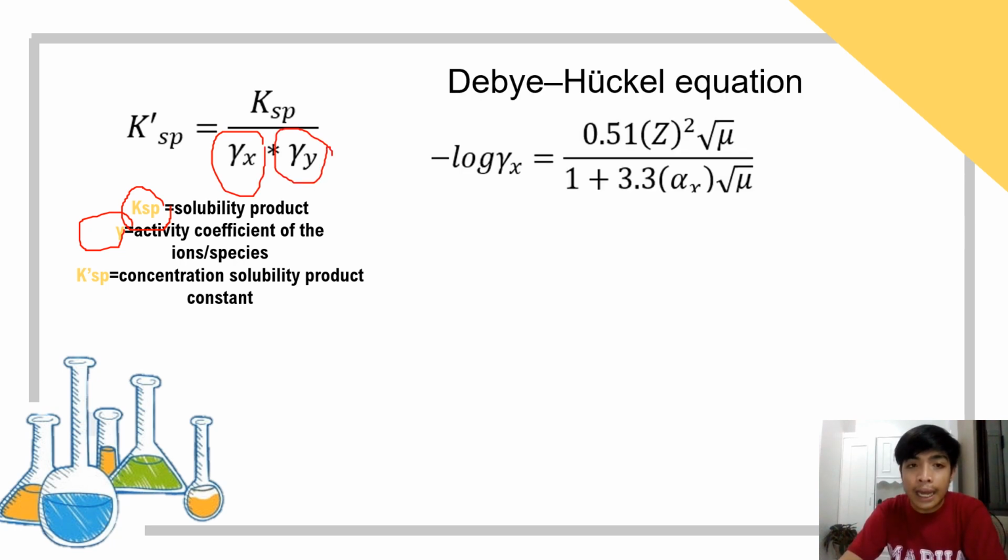So the Debye-Huckel equation is an equation that permits us to calculate the activity coefficients of the ions.